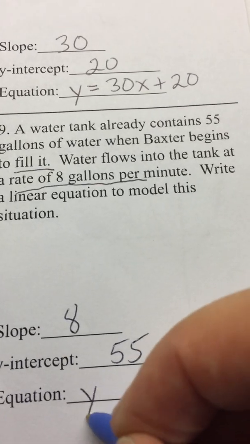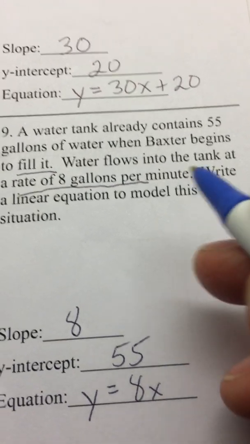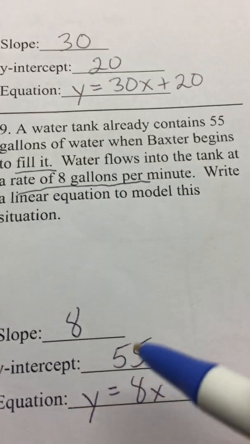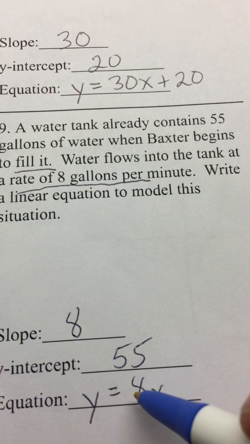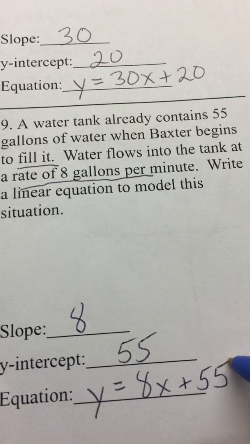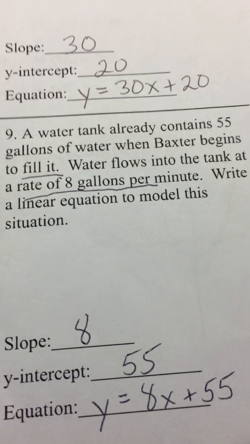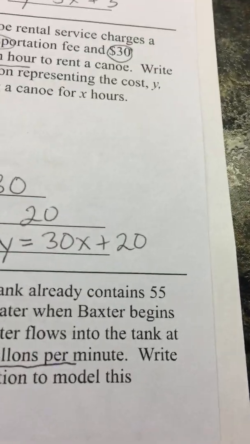So how many gallons is in there altogether is equal to 8 gallons per minute, so x's are my number of minutes. 8 gallons per 1 minute, 8 gallons times 2 minutes, and so on, plus the initial 55 gallons at the beginning. There you go. You're now an expert at writing linear equations from word problems.